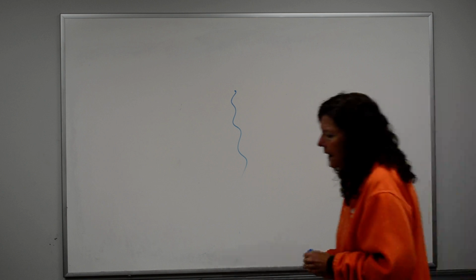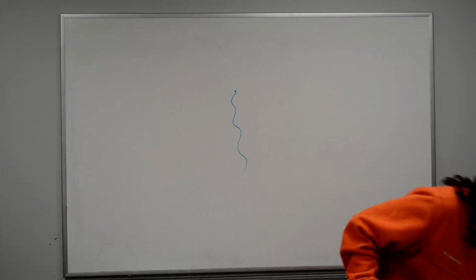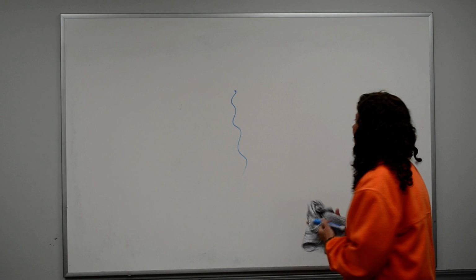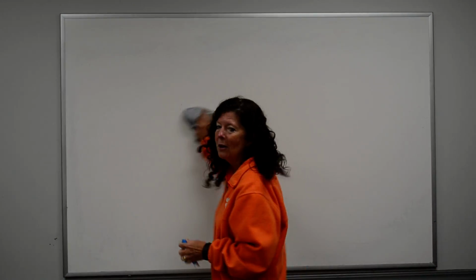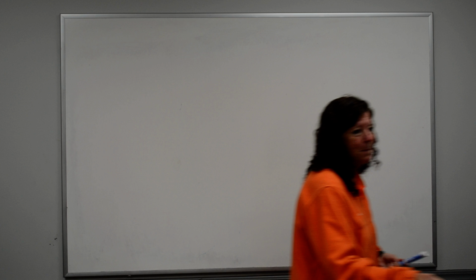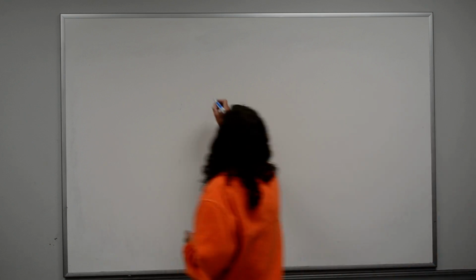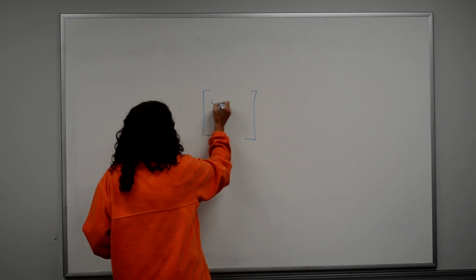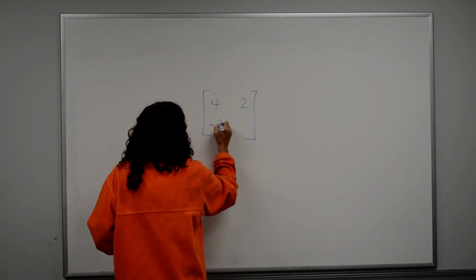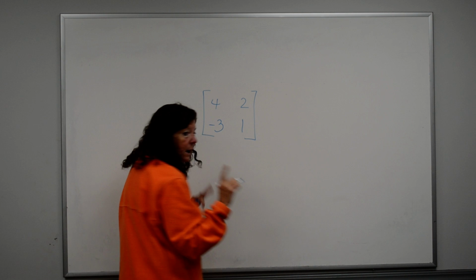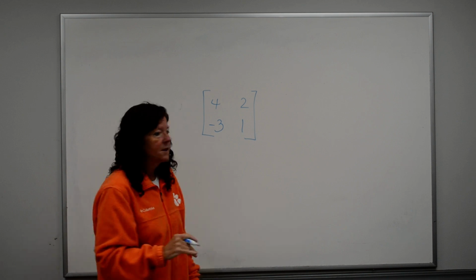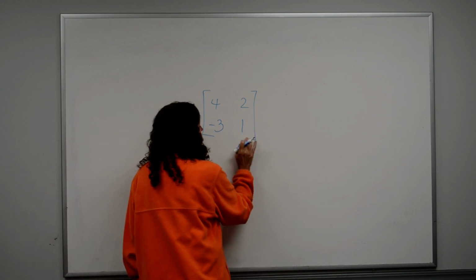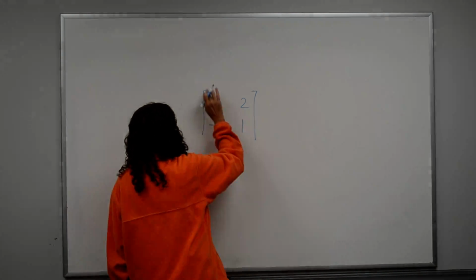Okay, we are going to talk about determinants and inverses today. Now, I don't know if you remember a determinant. It's been a while, but you've had it before. If I have a matrix that's 4, 2, -3, and 1, and I want to know the determinant of this matrix, what happens is I have just parallel lines.